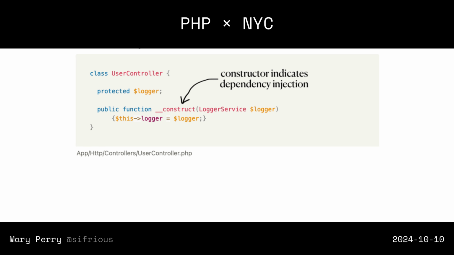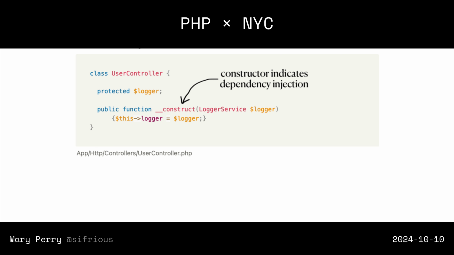Constructors are often used to import dependencies through dependency injection. A constructor method in PHP is automatically called on every object that's created. So if you put the dependency right in the constructor, it's going to get called, and it makes it a good place to configure or initialize any object.